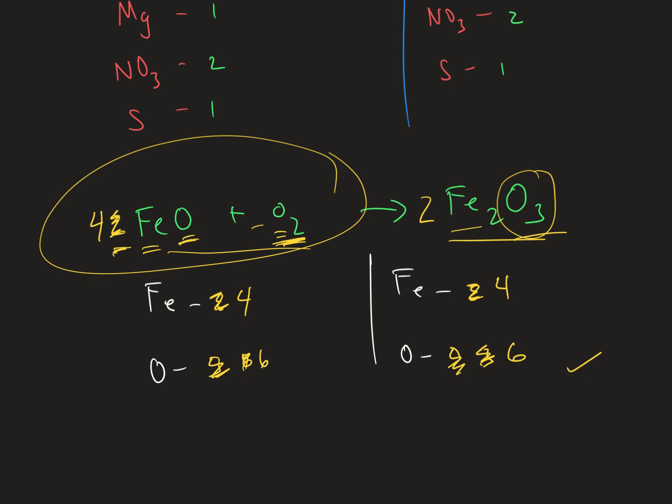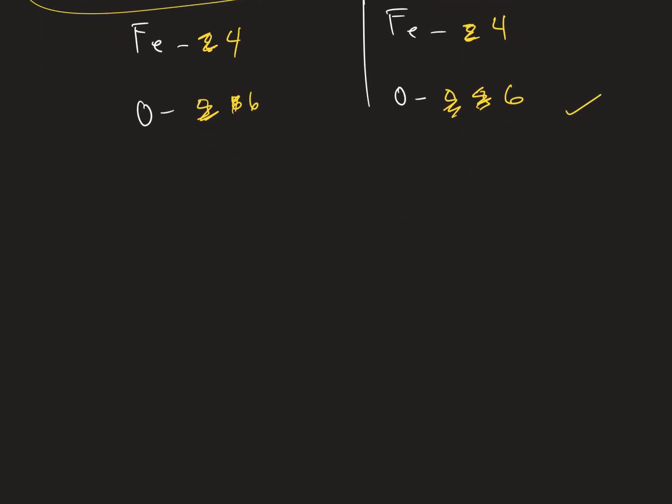Could you do the first one? Okay, we got aluminum plus sulfuric acid gives us Al2(SO4)3 plus hydrogen gas.